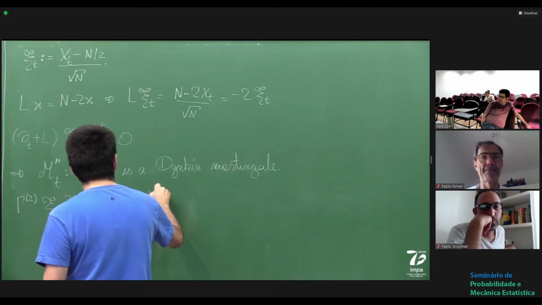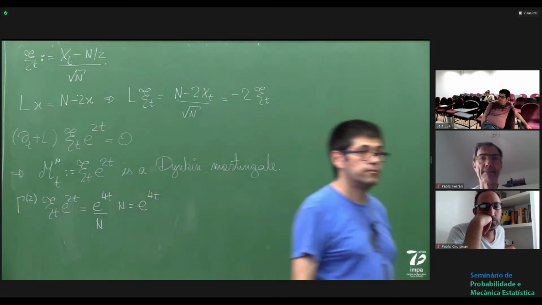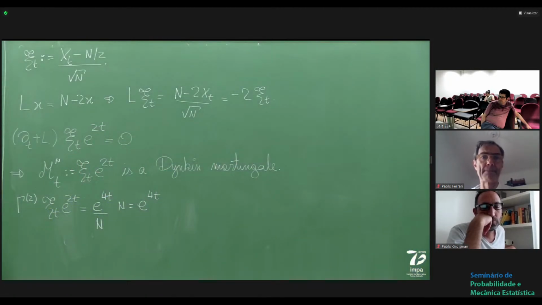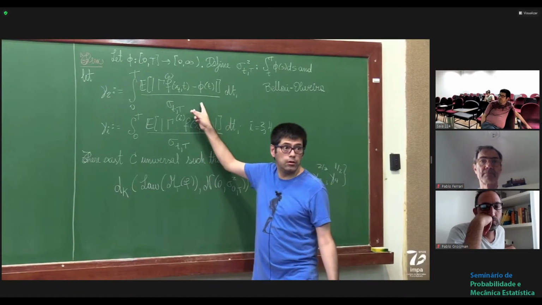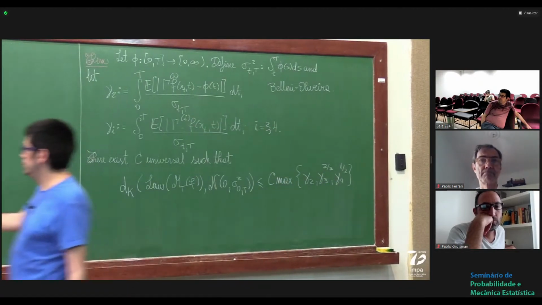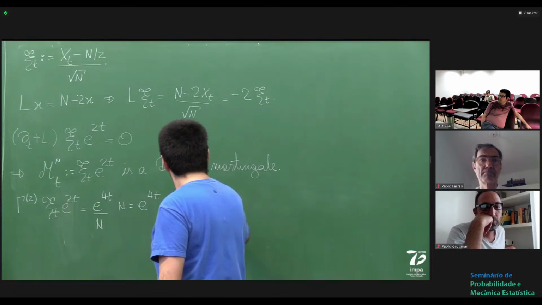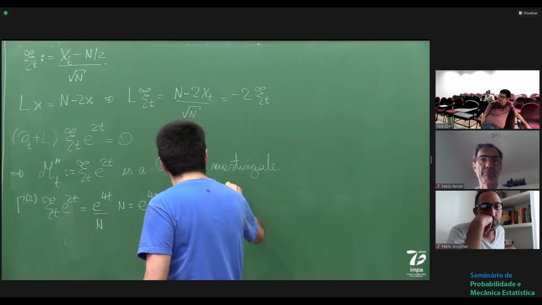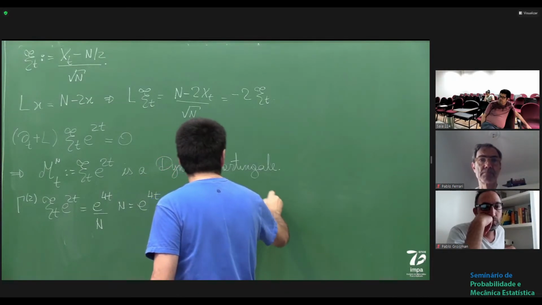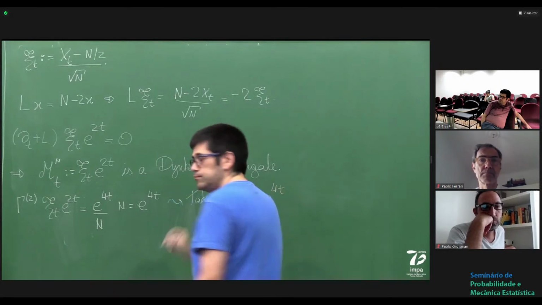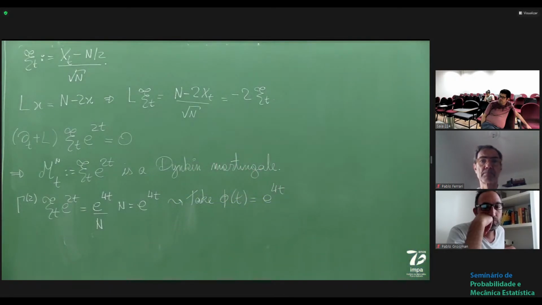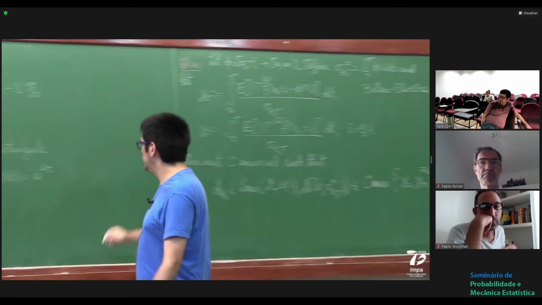So it's e to the 4t. So actually, gamma 2 is 0, right? Because I'm going to take phi of t equals e to the 4t. Then this difference is just 0, so there is nothing to do.